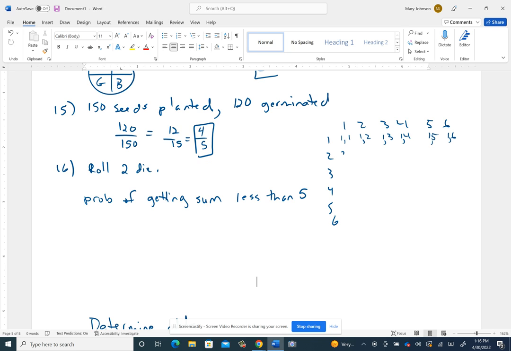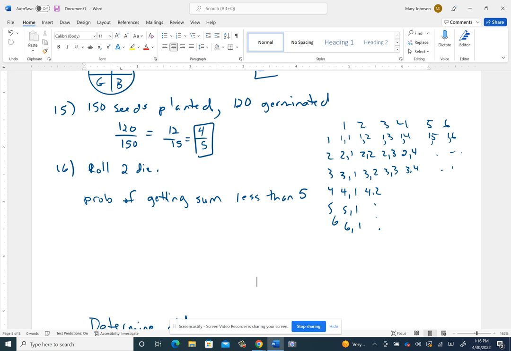I don't really have time to complete the whole table on the video, but just to give you the idea of how it would work, I'm just going to do the part that's necessary. We could keep going, and then here it would be 4 2. We could keep going this way.